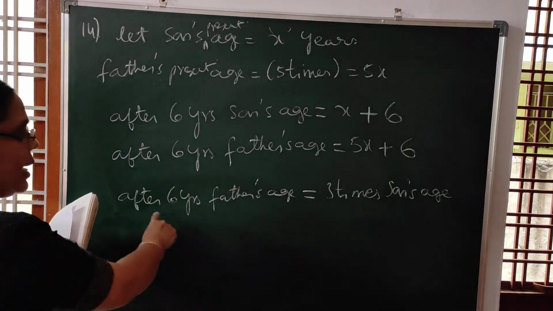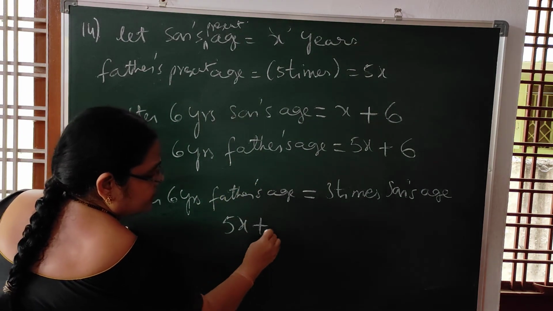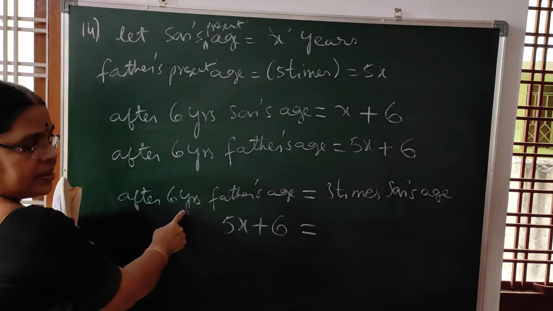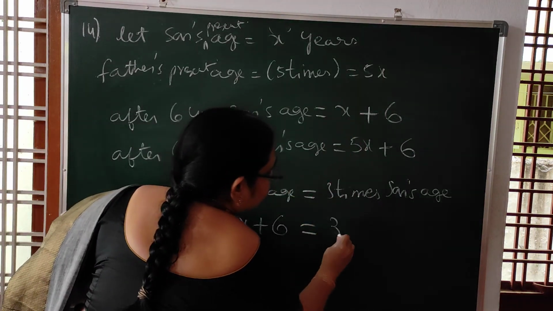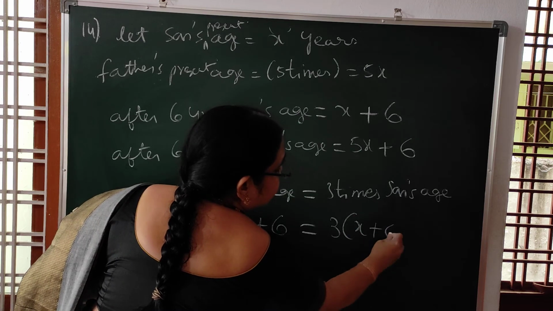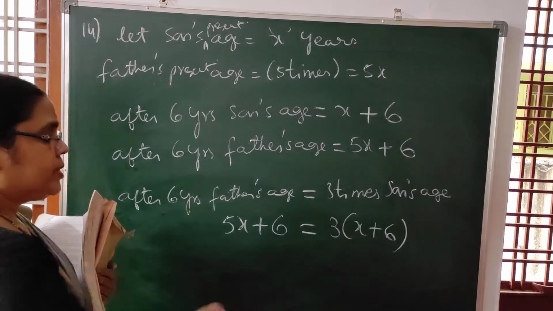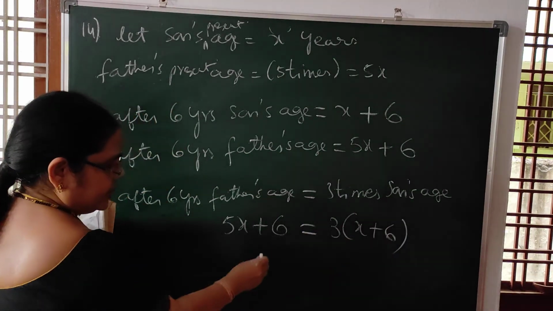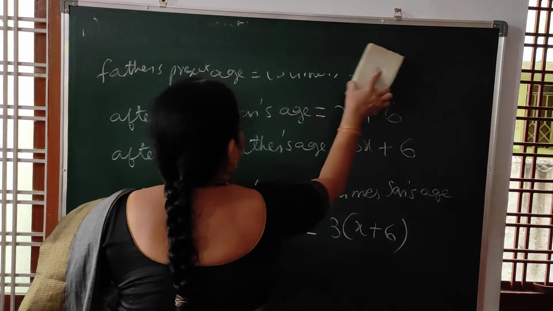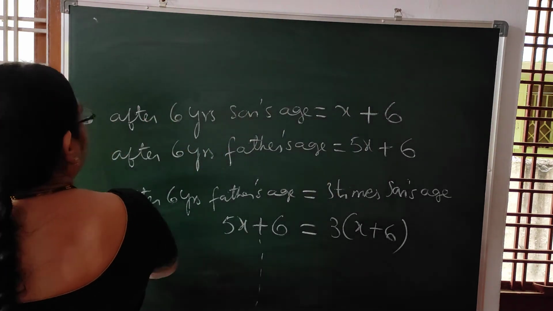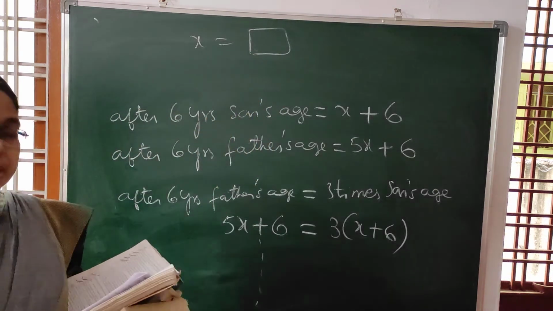After 6 years, the father's age is 5x plus 6 years, and he is going to be 3 times his son's age. The son's age is x plus 6 years. Solve this and you will get x is equal to something.